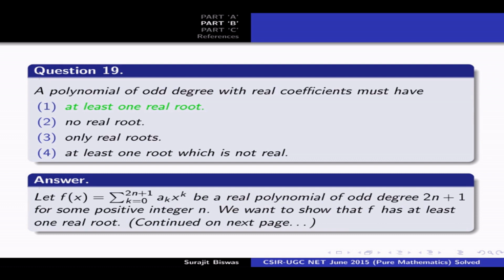So here we will prove that a polynomial of odd degree with real coefficients must have at least one real root, and we prove this by using the intermediate value theorem. So let f(x) equal to the sum k equal to 0 to 2n plus 1 of a_k x to the power k be a real polynomial of odd degree 2n plus 1 for some positive integer n. We want to show that f has at least one real root.